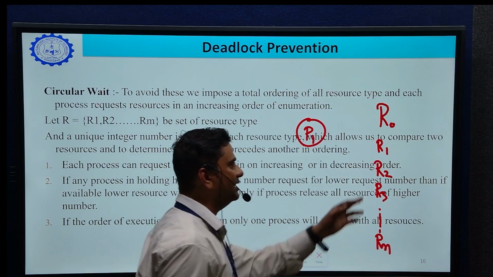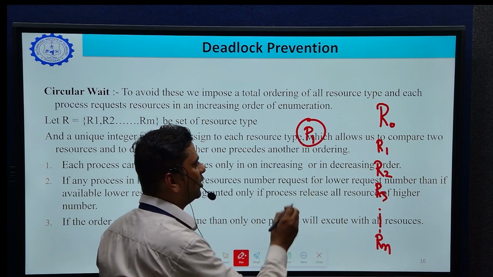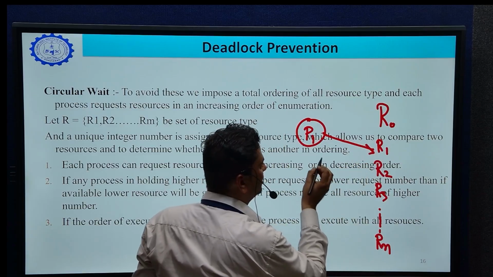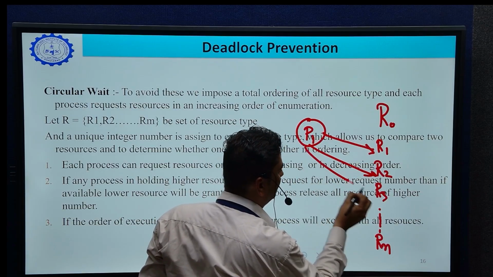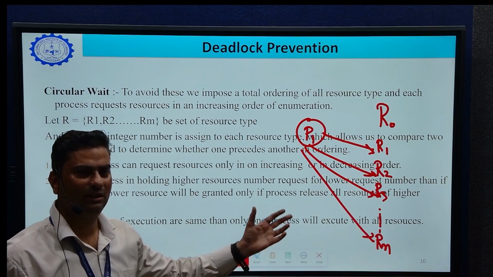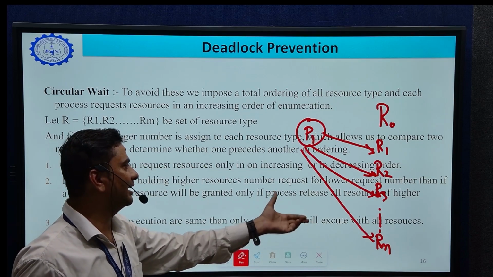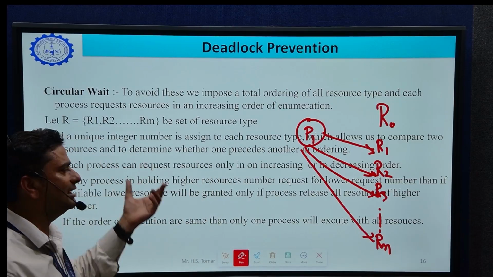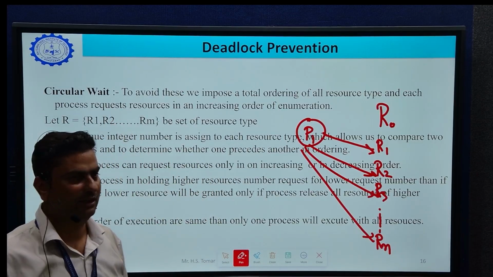A unique number is given to all resources. Now the process can request all the resources either in the increasing order or in the decreasing order. In this case we can easily violate circular wait.